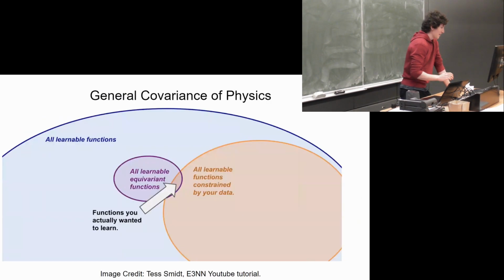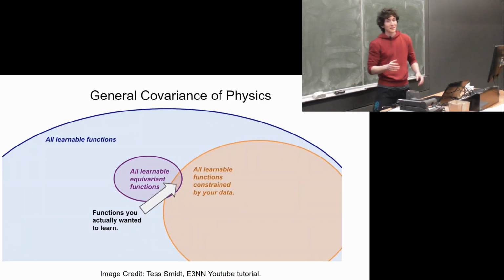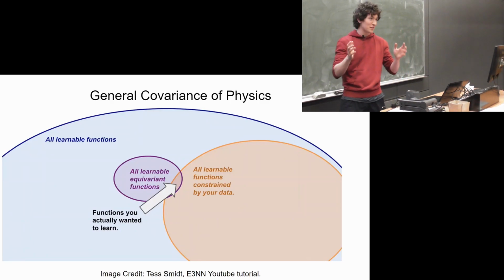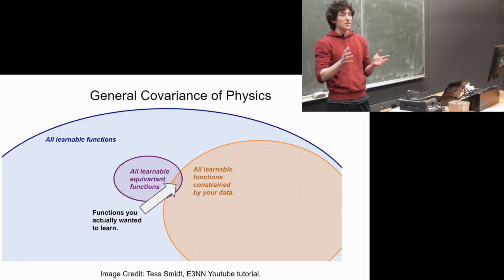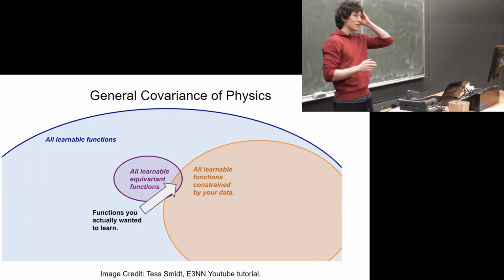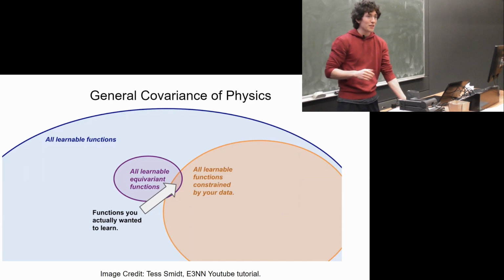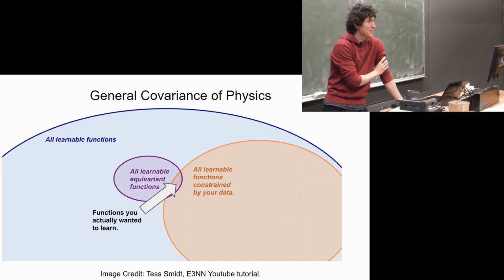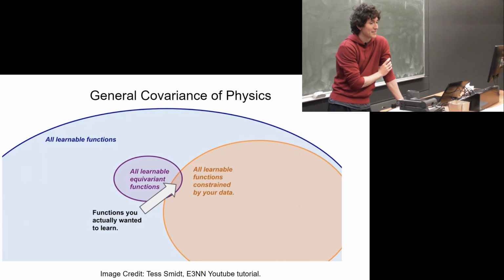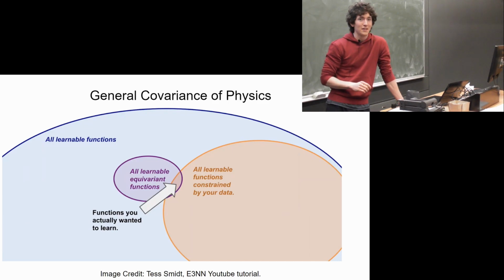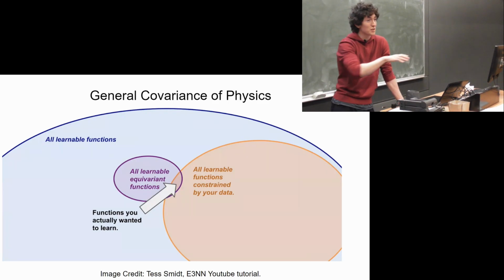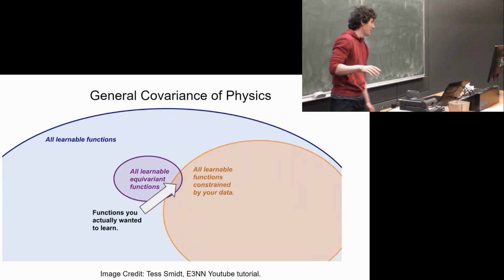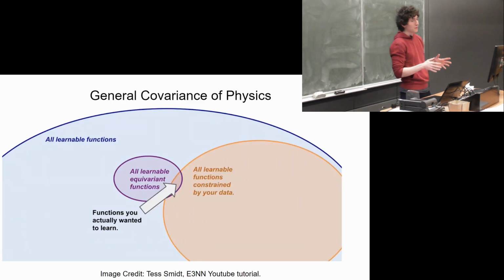So how do we pair that with the general covariance of physics? Basically what I'm saying here is physics shouldn't depend on your coordinate system. I think it was Weyl that said it should be observerless, and general relativity to a pretty high degree of accuracy suggests that your laws of physics should not depend on where you are. But that comes in conflict with a principle of machine learning, which is the universal approximation theorem.